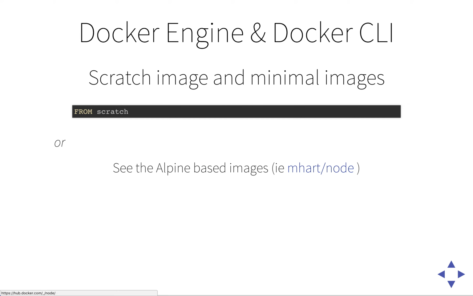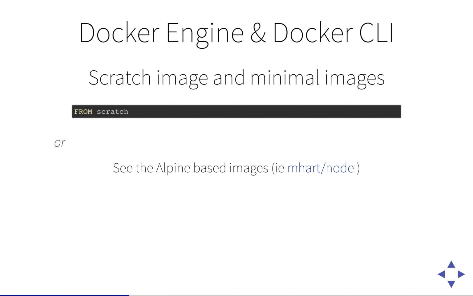A side note, while you're building your own images, you specify which image you're going to start from with the FROM command in a Dockerfile, and we'll get to the structure and making your own Dockerfiles in a few minutes. There is, however, a special minimal image called scratch, and that is the blank image, since all Dockerfiles require having a FROM line.